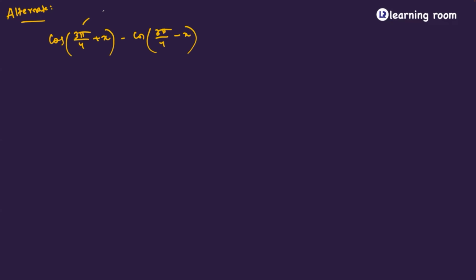So this is A, this whole angle is B. So cos A minus cos B is going to be equal to minus 2 times sine of (A plus B) divided by 2. So what you will have is, observe, 3 pi by 4 plus x plus 3 pi by 4 minus x, the whole divided by 2. x and x are gone. So 3 pi by 4 plus 3 pi by 4 is 2 times 3 pi by 4, by 2 is 3 pi by 4 only. So this will give you sine 3 pi by 4.